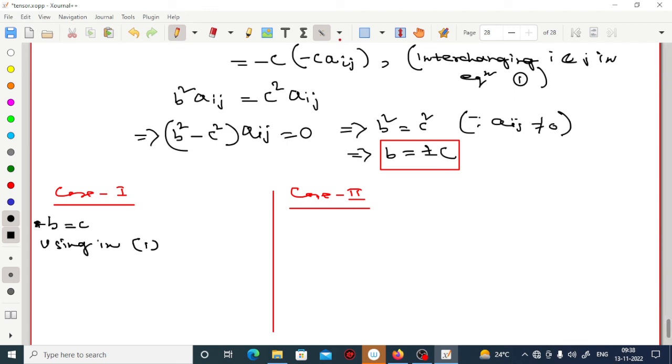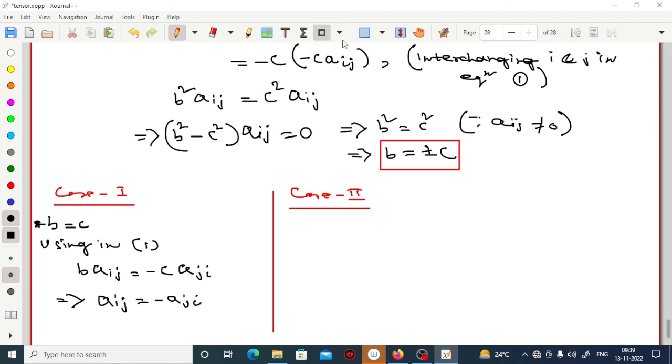What is equation number 1? Equation number 1 is b of a_ij equals to negative of c a_ji. If you put b equals to c here, you see that you get a_ij equals to negative of a_ji.